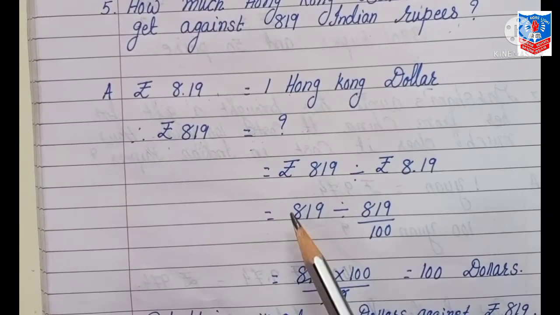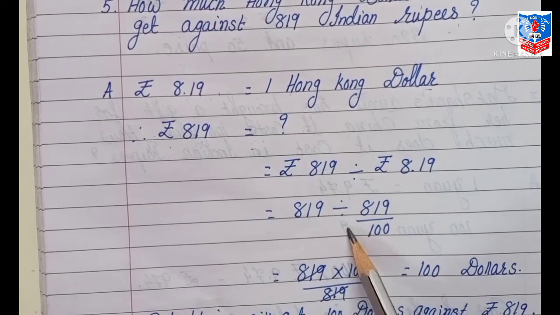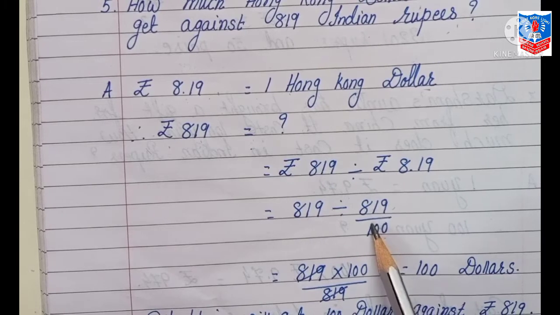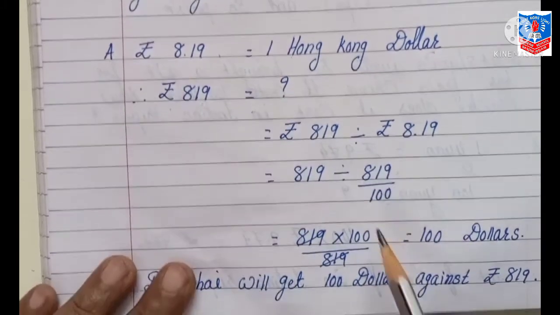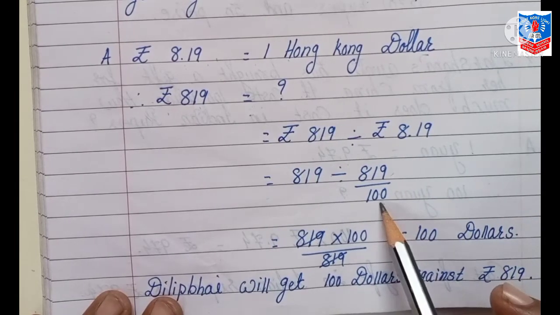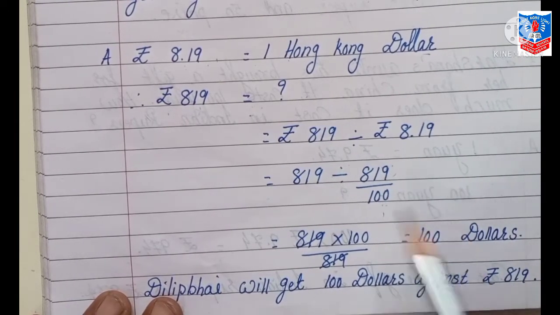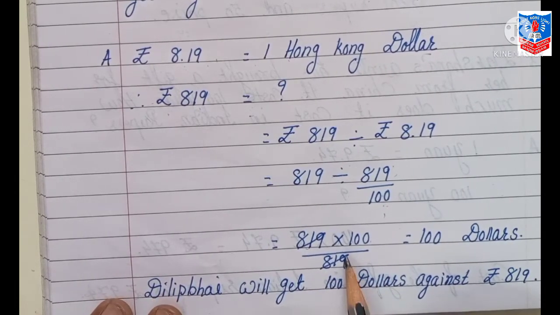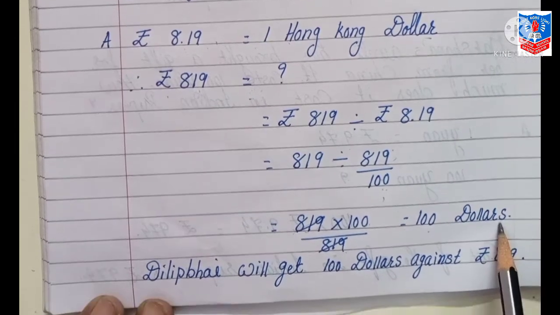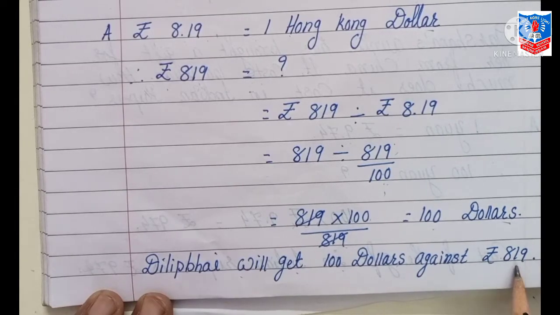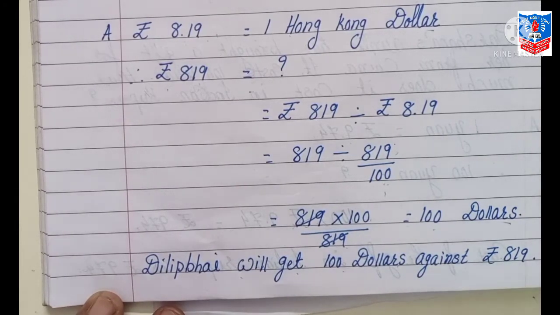Again same, 819 divided by 819 by 100. We removed the decimal point here. So again we will bring this denominator to numerator and numerator to denominator. So 819 into 100 by 819, we will cut 819, that is 100. So Dilip Bhai will get 100 dollars against rupees 819.